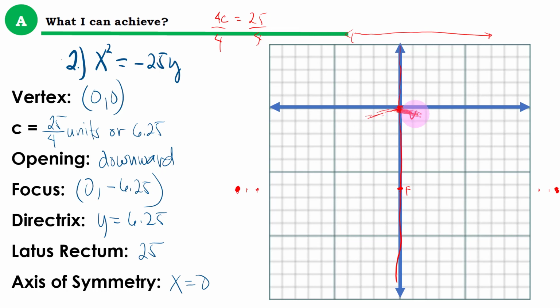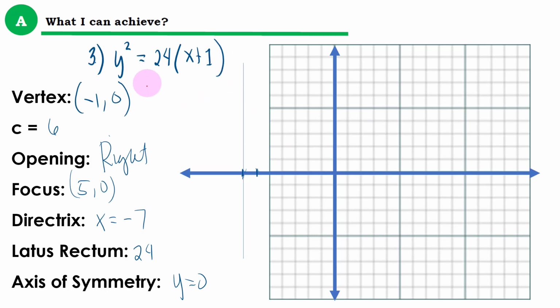Then, tsaka ko siya papatungan ng ballpen. Okay. Tsaka ko siya lilinawan. Okay, so ito yung ating graph ng x squared equals negative 25y.